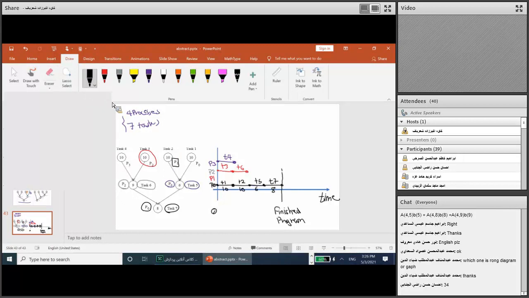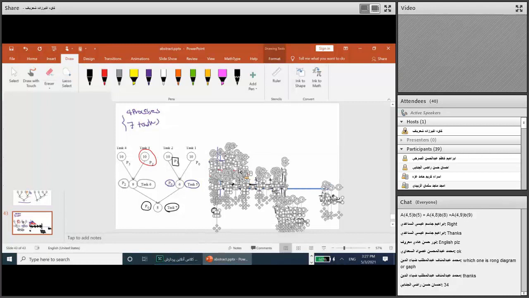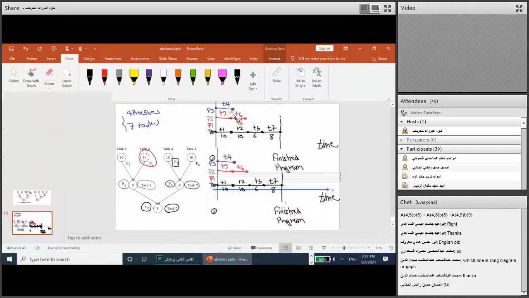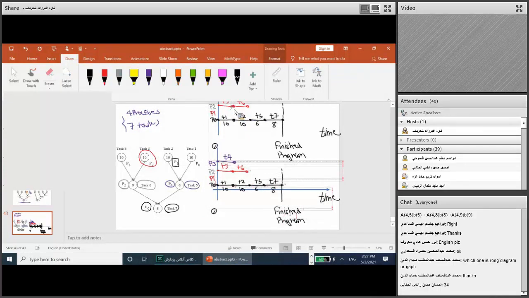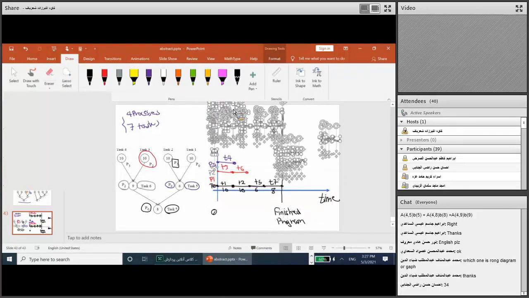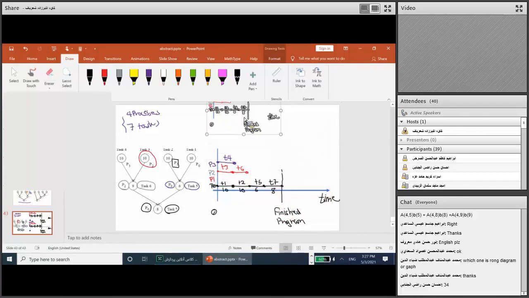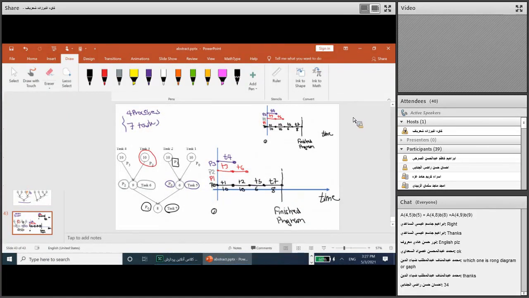But if we set P1 to execute task 2, we have a new graph. What is the new graph?